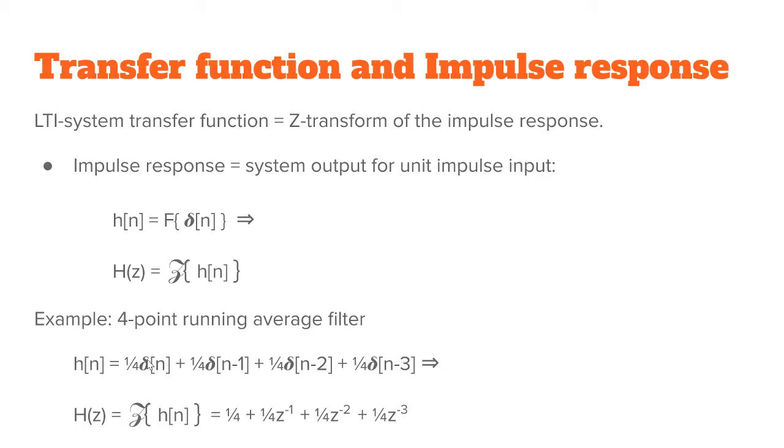So if we take this one and do Z transform of it, Z transform of impulse response is the same as the transfer function. That's actually why we have the lowercase h as the impulse response symbol, but the capital H is for the transfer function. Same letter, for reason.